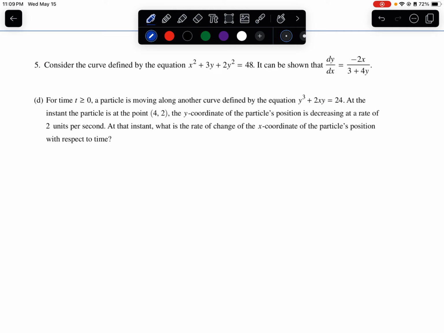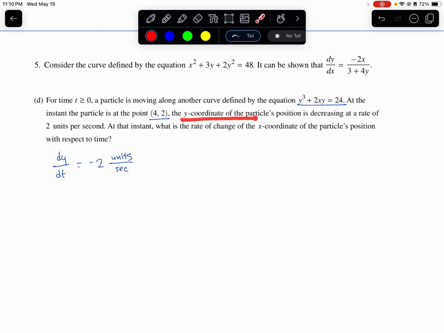Okay, let me read through this one more time, kind of process the information. So at this point along this curve, the y-coordinate of the particle's position is decreasing at a rate of 2 units per second. So it's saying dy/dt, the rate at which y is changing with respect to time, is equal to negative 2 units per second.